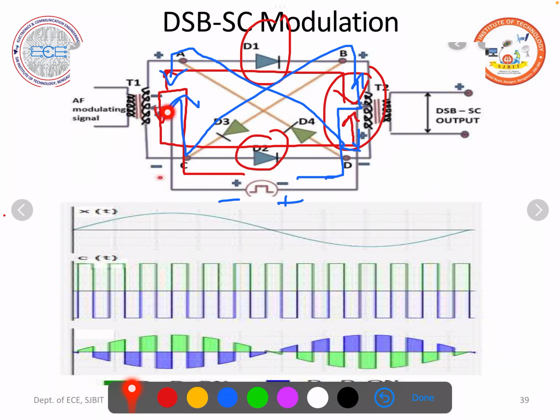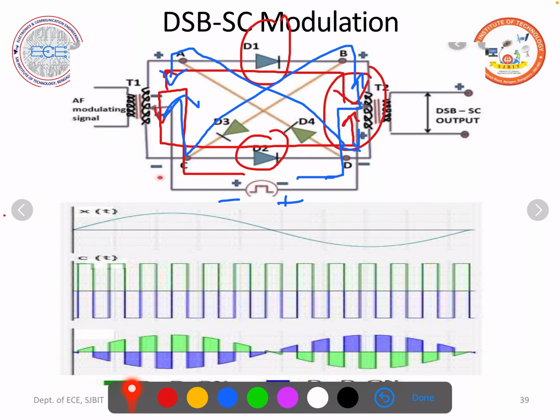So it appears across the secondary of T1, here. There are many cycles of the carrier signal in the positive half cycle of m of t, and the same during the negative half cycle of m of t. So we need to understand what happens when m of t is positive and what happens when m of t is negative.